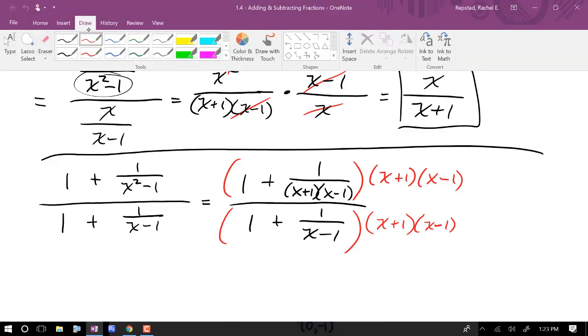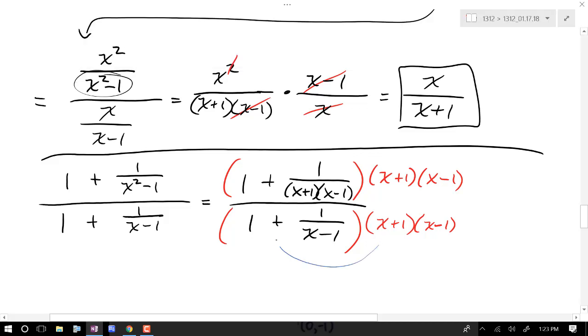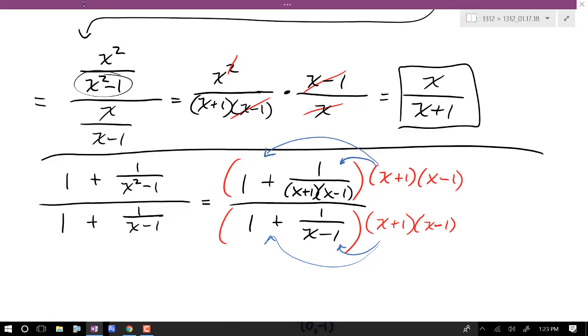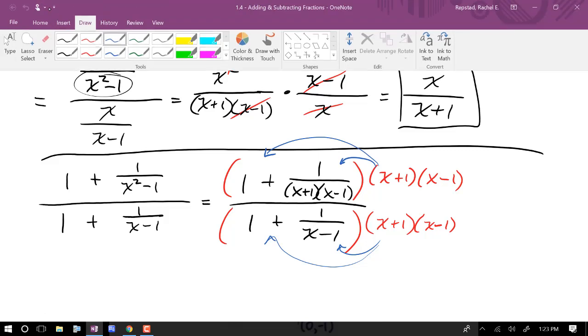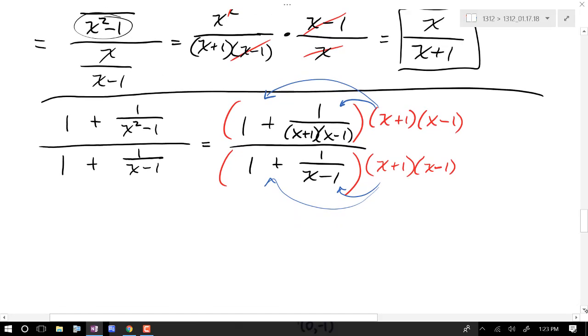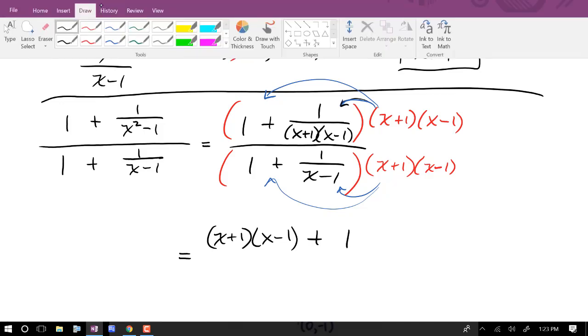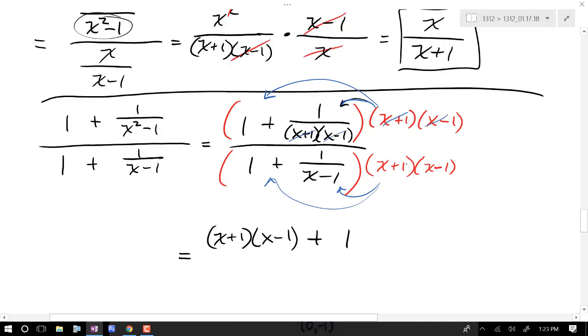And when we do that, now we can distribute through these parentheses. So now we have x plus 1 times x minus 1 plus what happens when we distribute to the second term, to that fraction. Just turns into 1 because these denominators all cancel when you distribute there.